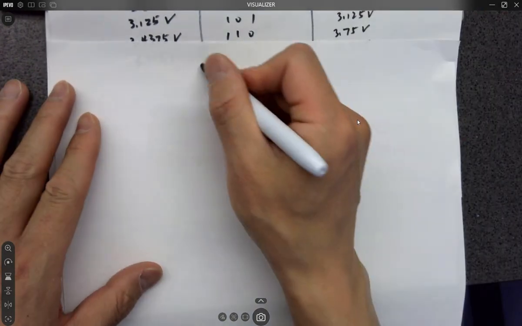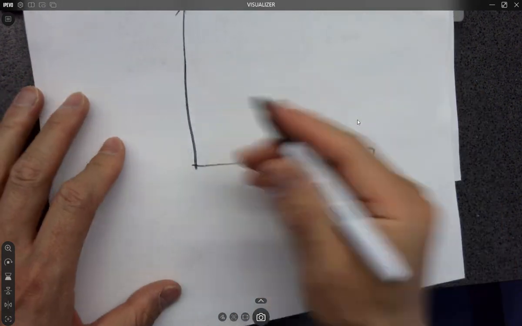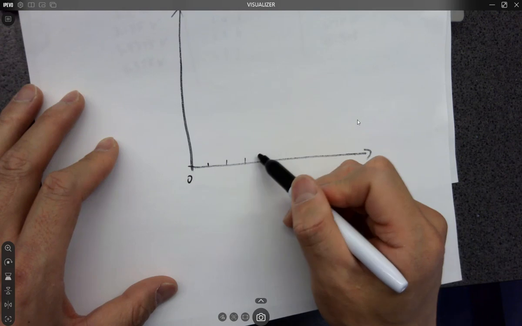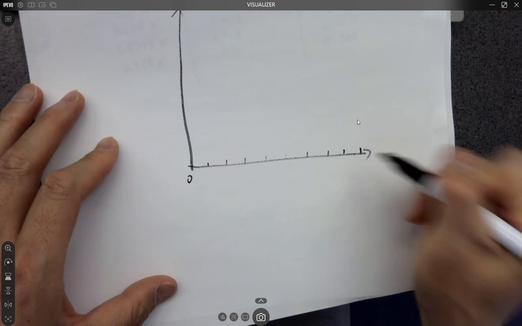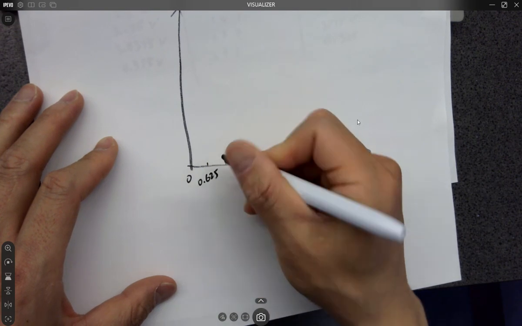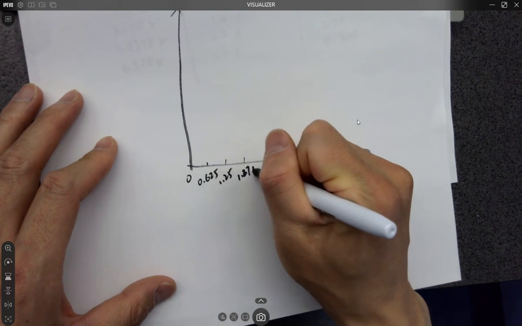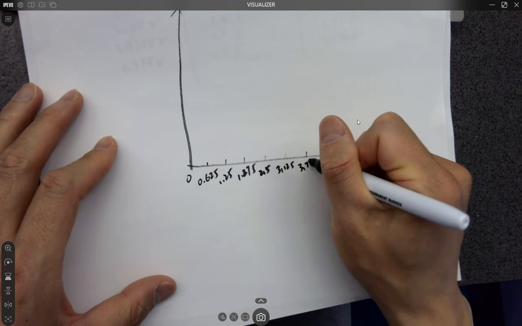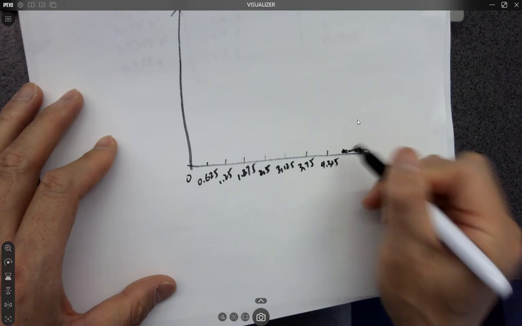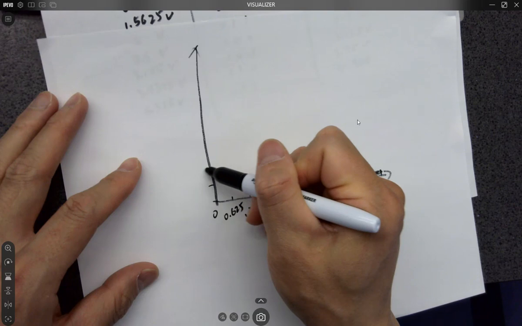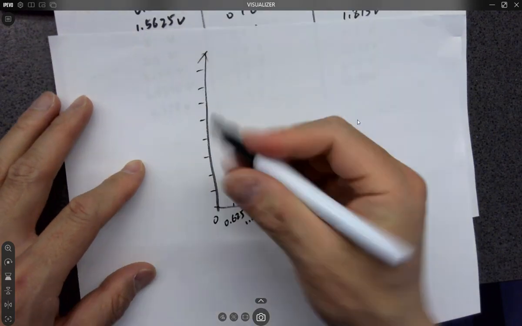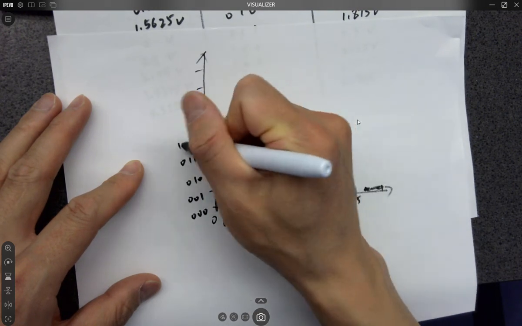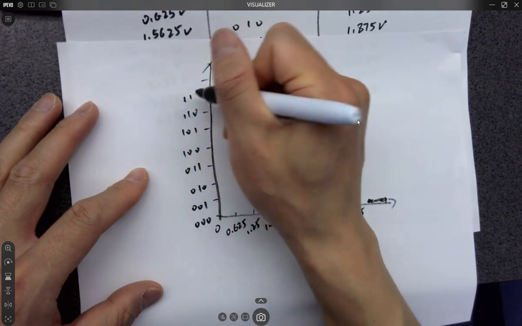So I'll draw this really quick. Two, three, four, three.